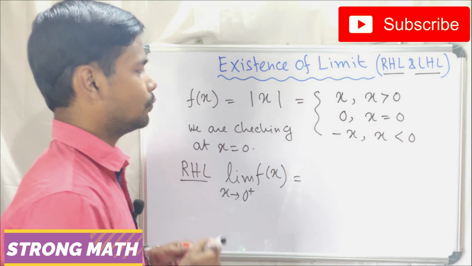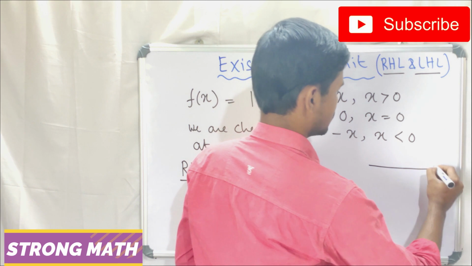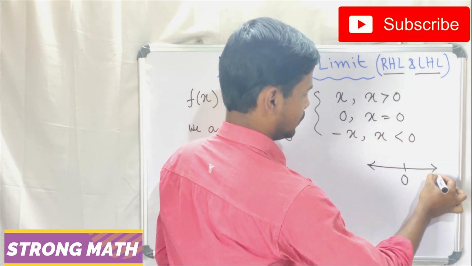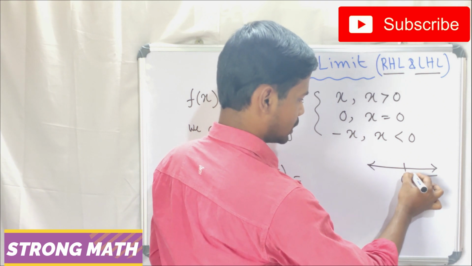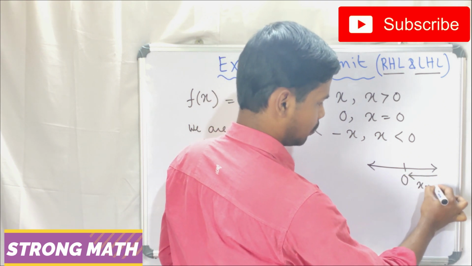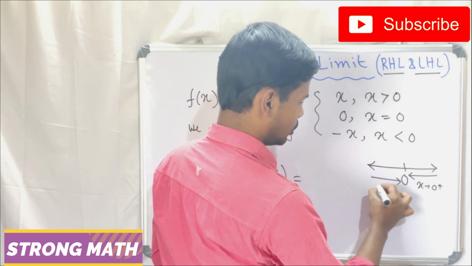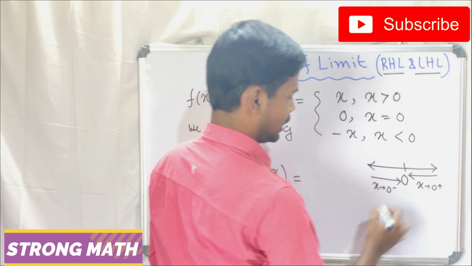Now look, if we draw a rough sketch of the number line, suppose this is the point 0. Now from the right hand side of 0 towards 0 is x tends to 0 plus, and from the left hand side towards 0 is x tends to 0 minus.